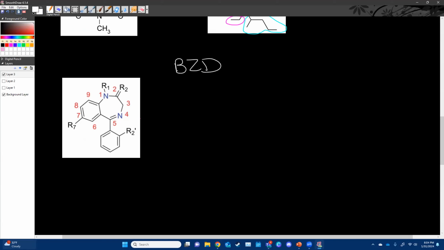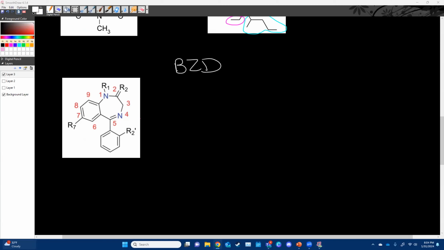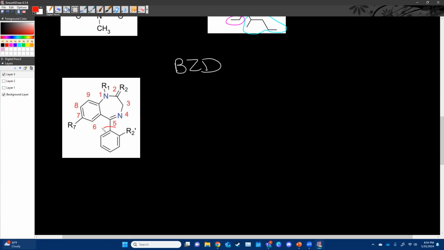Benzodiazepines have the same benzodiazepine nucleus, where we have two major components to think of. The first major component is that we have this phenyl group on carbon 5.